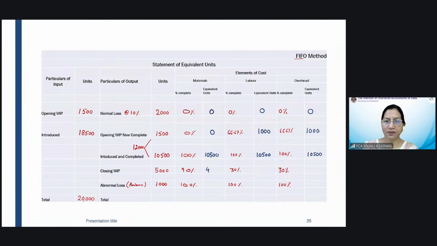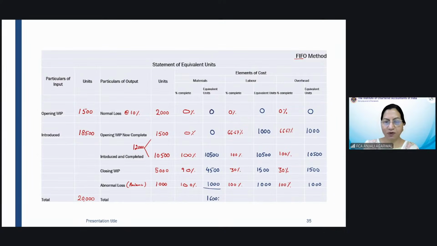Five thousand into 90%, 4,500. 5,000 into 30%, 1,500. 5,000 into 30%, 1,500. 1000 into 100%, 1000, 1000. So the total of equivalent units of material, labor, and overheads is going to be 10,500 plus 4,500 is 15,000 plus 1, 16,000.